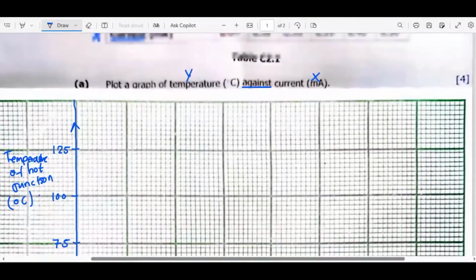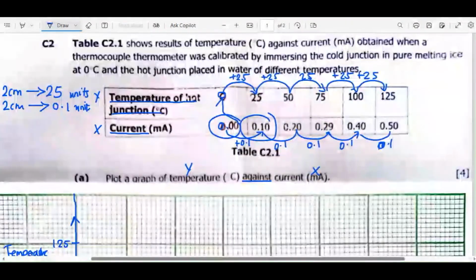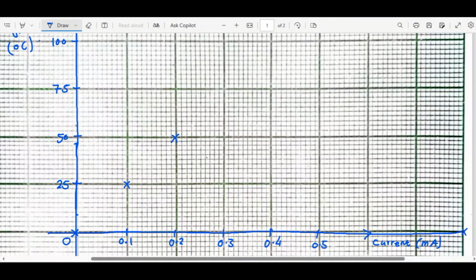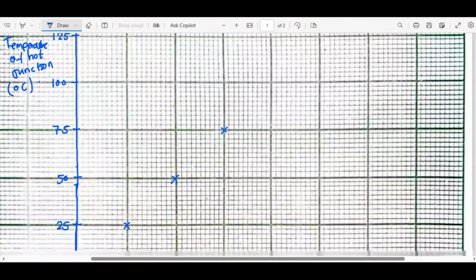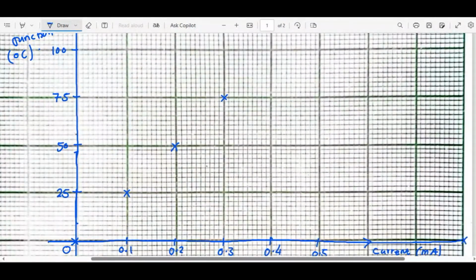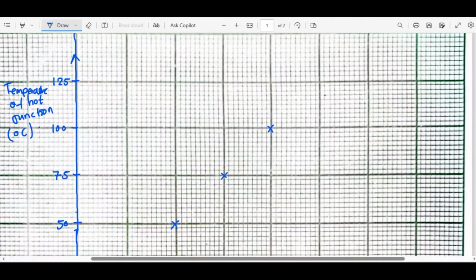Then for this one, we can just round it off, so we take the 1 from 9 and add on 2, so this becomes 0.3, 75. So 0.3, 75 is here. Then 0.4, 100, then 0.5, 125.